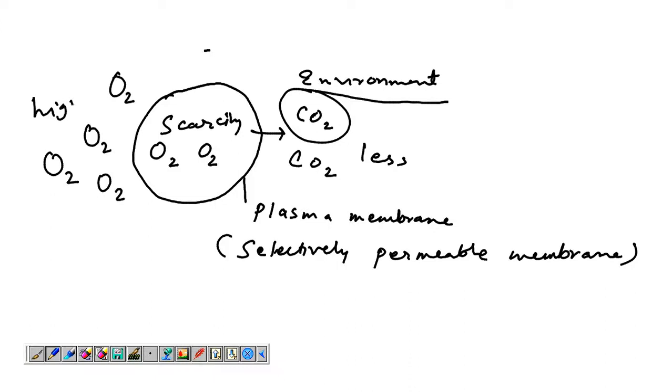So this is high concentration outside, and inside it is low concentration. So this spontaneous movement takes place here as well. The diffusion takes place here as well, and that's why after this diffusion, the inside takes the O2, and now the scarcity of O2 is fulfilled, or scarcity of O2 is eliminated.